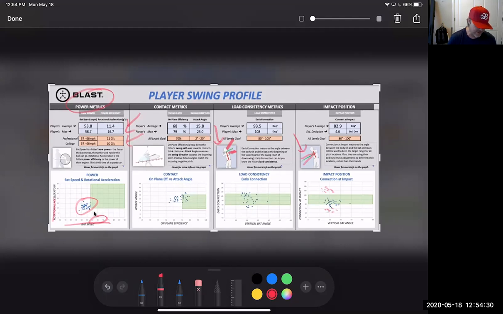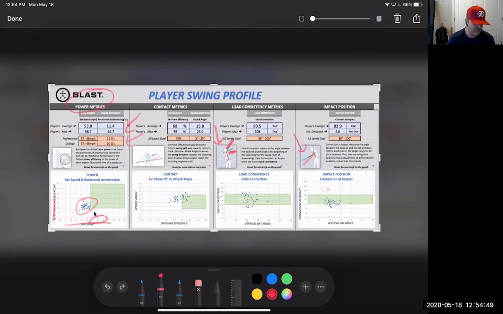You can see with this particular hitter, she's already in pretty good shape when it comes to her connection. All of her dots are really close to staying in the box. And again, this is for college level hitters. So she's well on her way to having the same metrics level as a collegiate player.